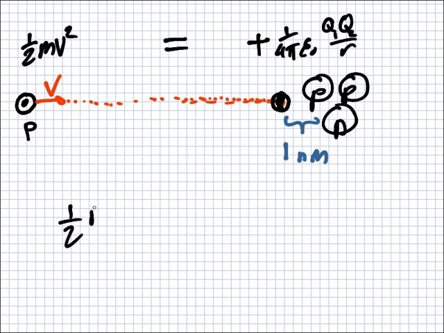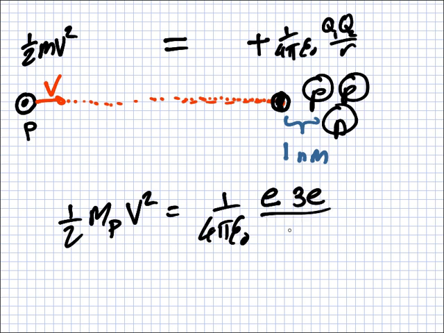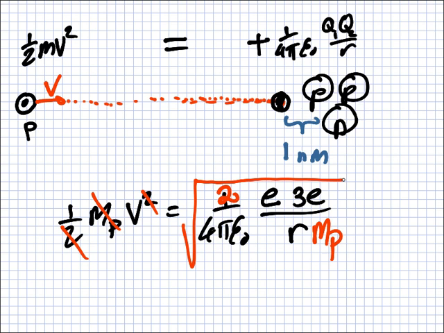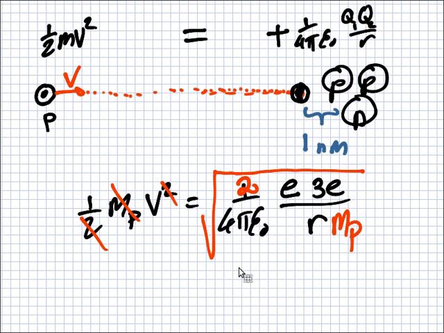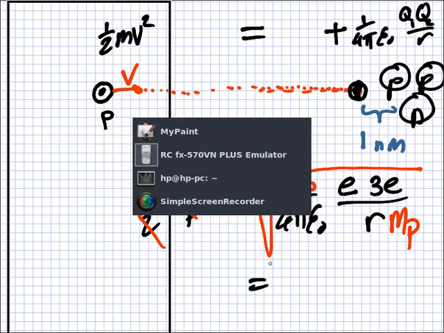A half mass of the proton V squared equals 1 over 4 pi epsilon 0 E, 3E and a nanometer, no squared. So let me see. I should bring this one down, I should bring this one up, and then I should square root it. And I have my answer. Let's see what we get.